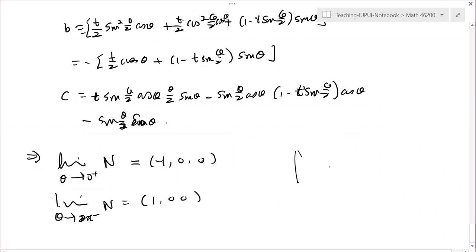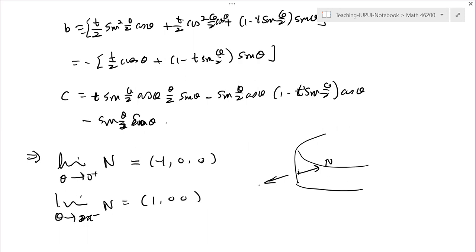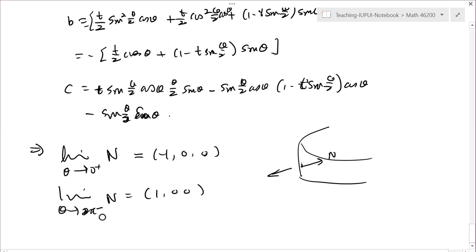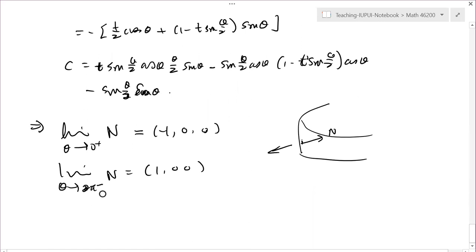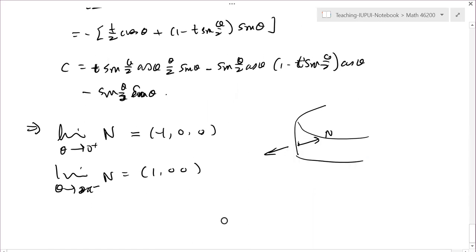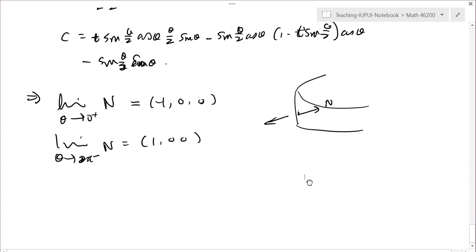So what does that mean? On the surface here, maybe it looks fine, but there's a twisting here. So at the starting point, the normal vector points in that direction, and then when you come back, the normal vector will point in the other direction. So for the whole surface, you are not able to get a globally defined smooth normal vector.